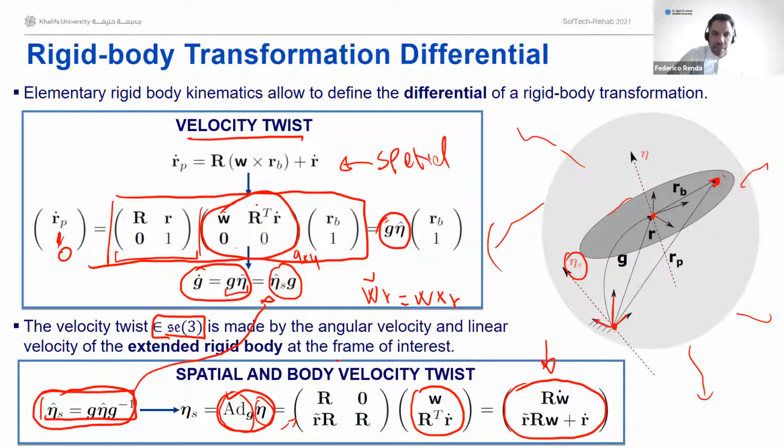And you can recognize, I hope, this in this formulation. The angular velocity part is just equal to the same angular velocity but rotated into the right frame, while the linear velocity is obtained exactly using an expression like that. You start from the velocity of this point and you add the velocity due to the angular motion.